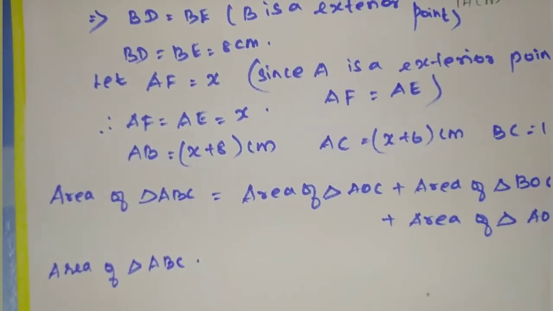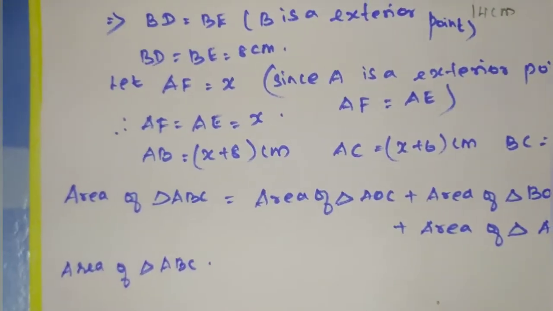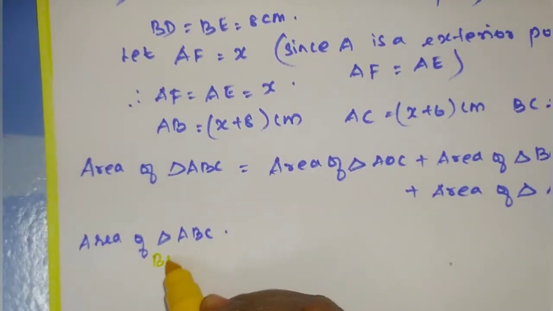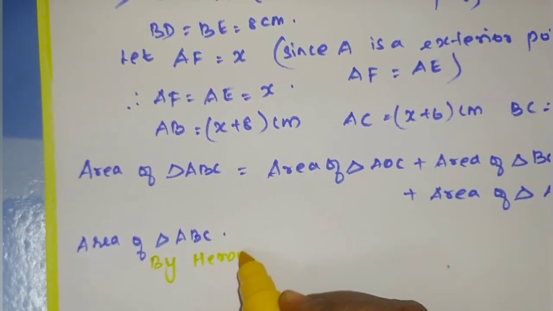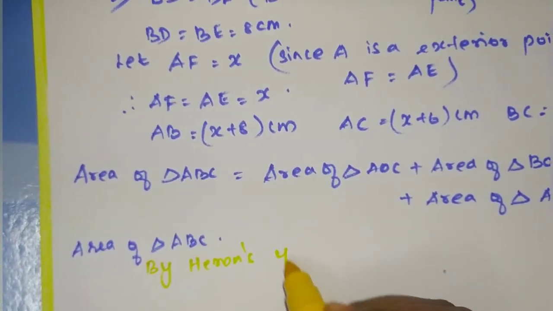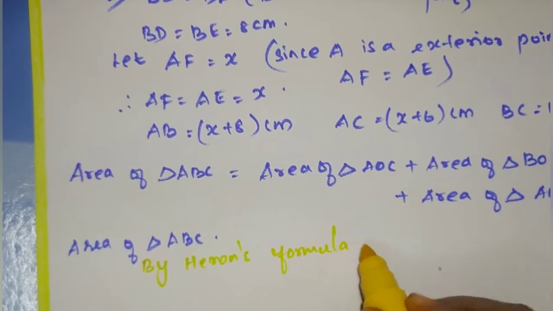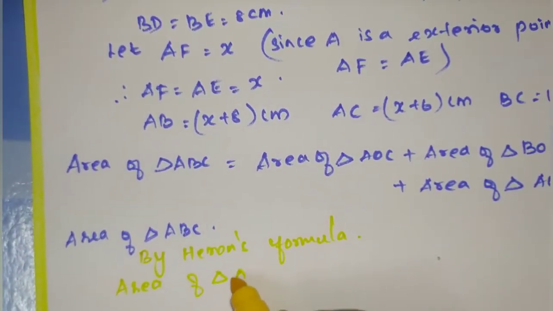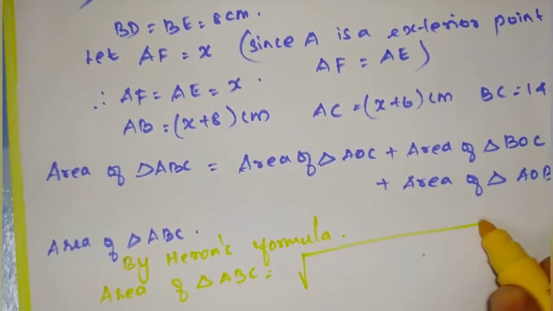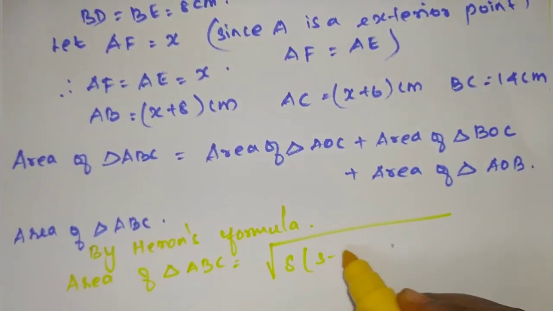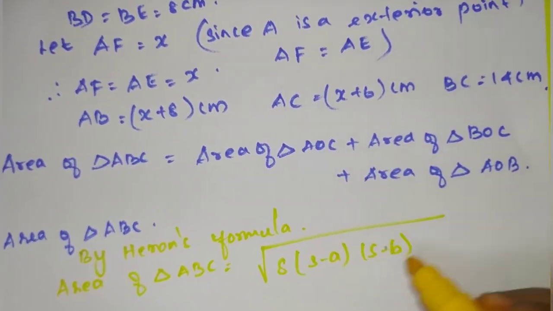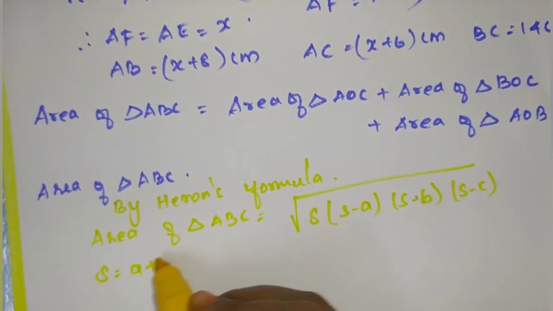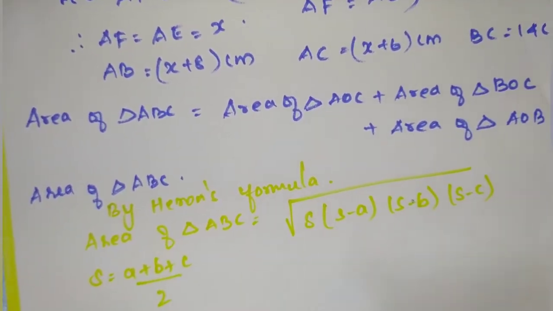Area of triangle ABC by Heron's formula. So what is Heron's formula? Area of triangle ABC is equal to root of s into s minus a, s minus b, s minus c. s is nothing but a plus b plus c divided by 2.